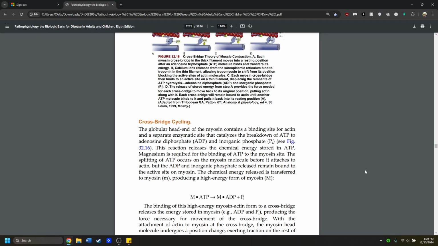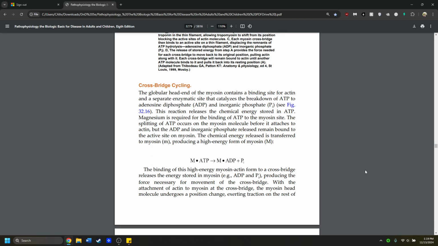Let's verify. It is. This reaction releases the chemical energy stored in ATP. Magnesium is required for the binding of ATP to the myosin site. The splitting of ATP occurs on the myosin molecule before it attaches to actin, but the ADP and the inorganic phosphate released remain bound to the active site on myosin.